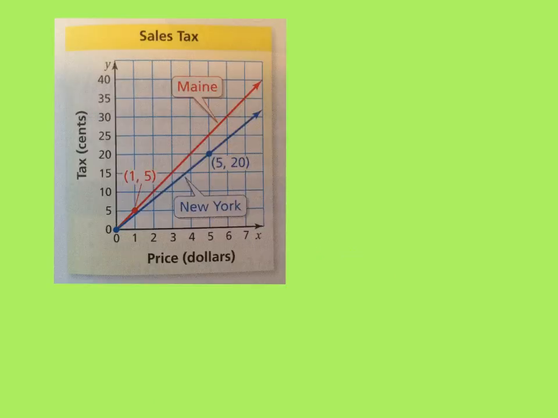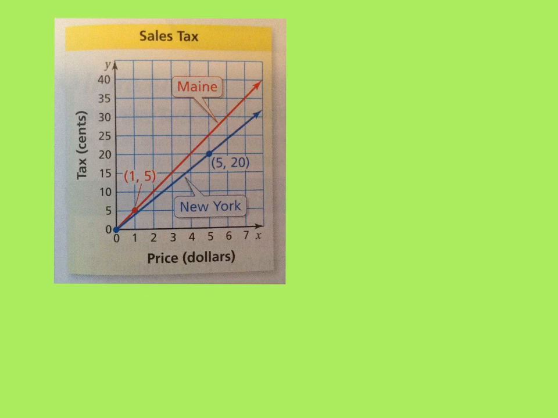Okay, so comparing graphs of proportional relationships. It says the state sales tax in Maine and New York are proportional to the price of a purchase as shown in the graph. The first thing we want to do is express the sales tax rate for each state as a percent. If we look at Maine, we see 1, 5 means that the tax is 5 cents per dollar, because we have the tax in cents and the price in dollars.